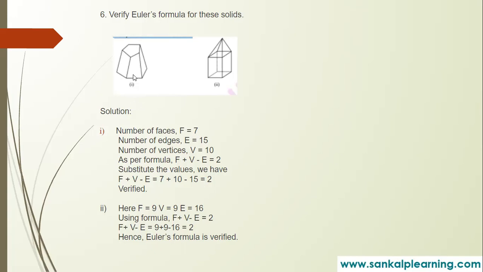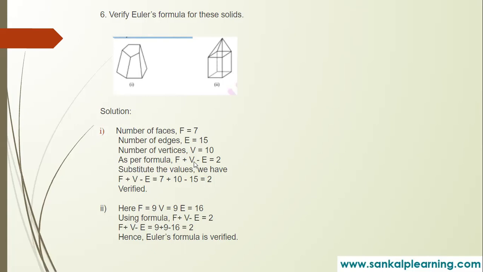And the number of edges. See here it is 5, bottom 5, 10, and lateral edges only 5. So total 15. And vertices: top 5 and bottom 5. It is 10. Okay, now I'm going to apply Euler's formula.